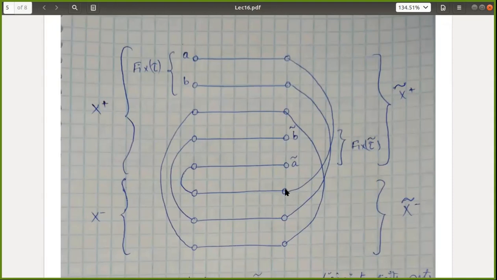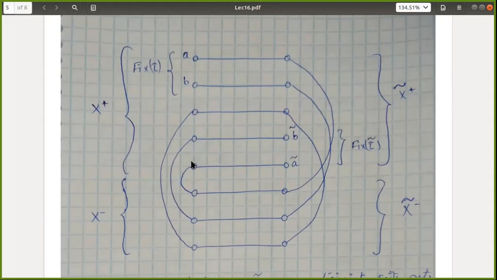So you come here. Now, once you're in x minus, you take the F inverse, which takes an element of x tilde minus to an element of x minus. So you come here. Now, elements of x minus are certainly sent to elements of x plus by involution. That we know, correct? So this element goes to some different element here under tau. And this element is in x plus now.